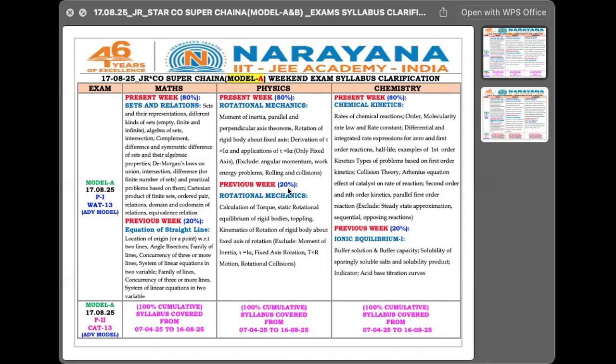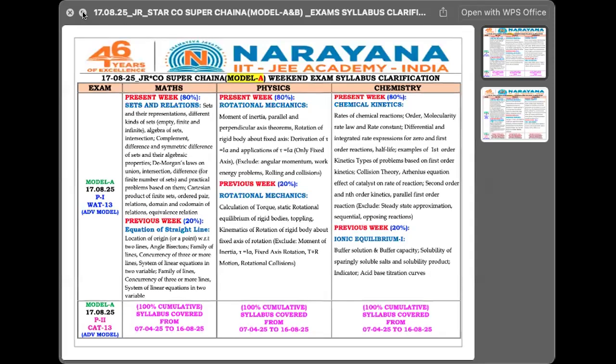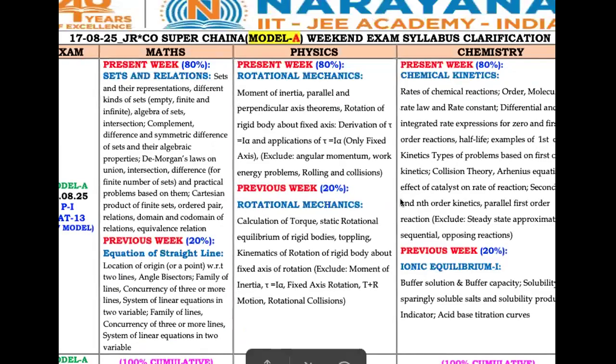Moment of inertia, parallel and perpendicular axis theorem, rotation of rigid bodies about a fixed axis, derivation of tau is equal to I alpha, and applications of tau is equal to I alpha, only fixed axis. This is what we have for this week.